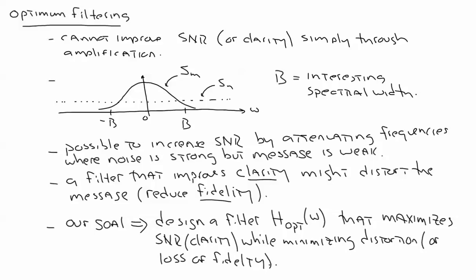Okay, that's what we want to do. Our goal is to design a filter, H optimum, that maximizes signal to noise ratio while also minimizing distortion or loss of fidelity. All right.